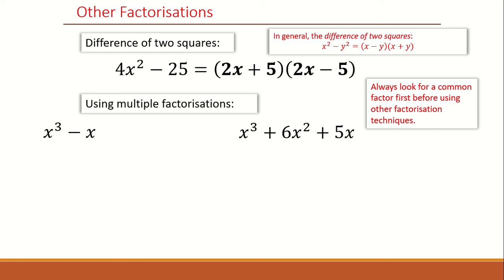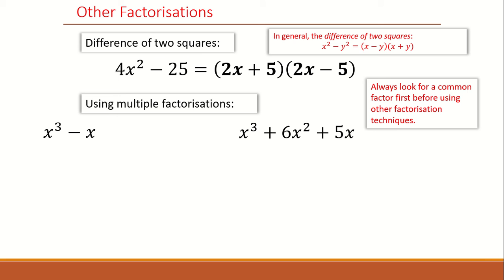In general, the rule to remember for the difference of two squares is that x squared minus y squared, where x squared and y squared are squares of a variable, a constant, or another expression, gives x minus y and x plus y.